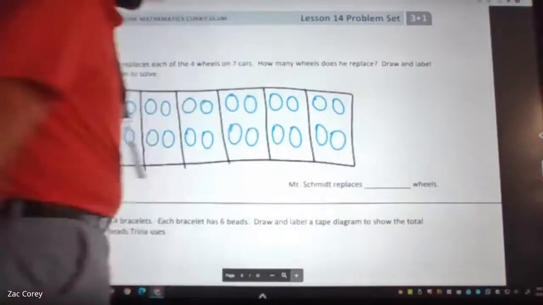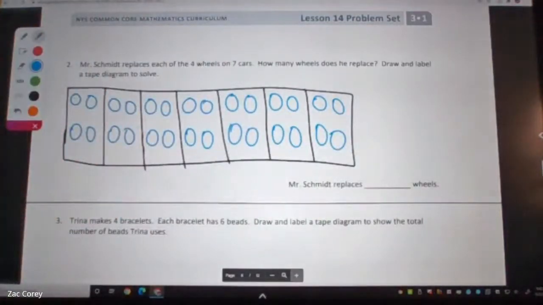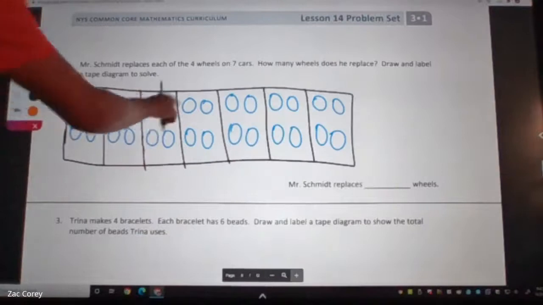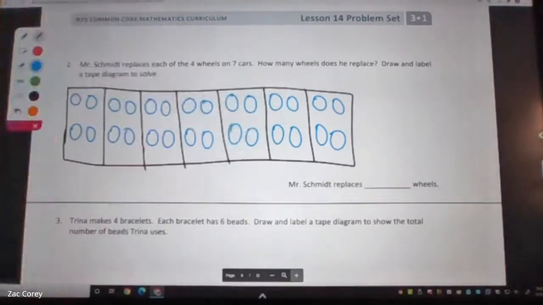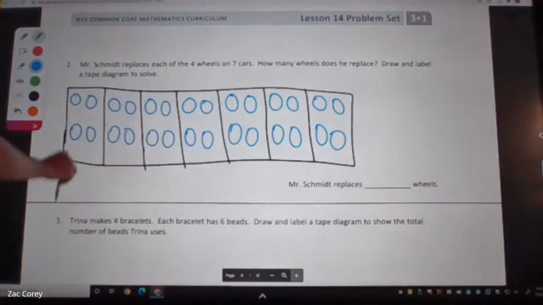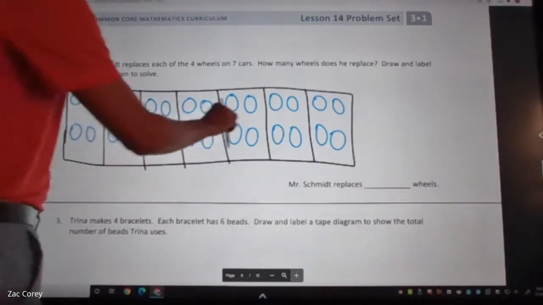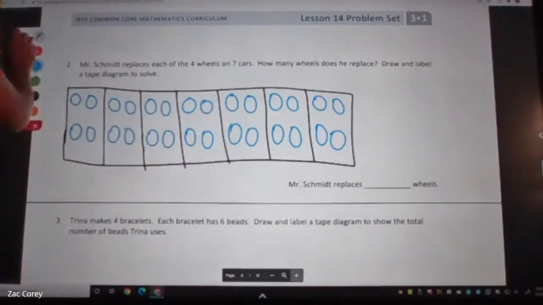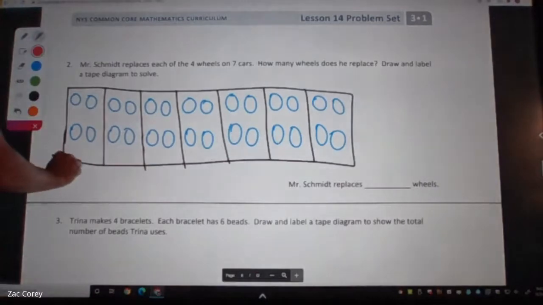All right. So there's my cars. 1, 2, 3, 4, 5, 6, 7 cars. Each car has 4 wheels. How many wheels does he replace? So kind of like the front side, we could skip count by 4s, right? We could skip count by 4s because each box has 4 in it. So let's go ahead and do that. This one's 4.